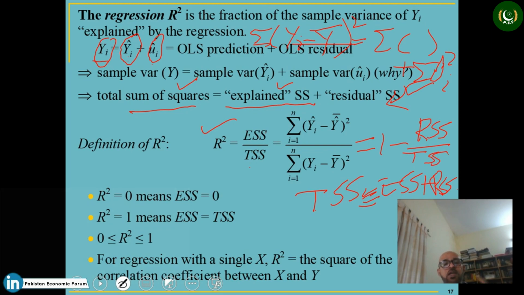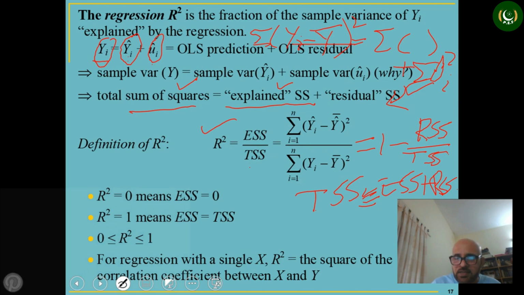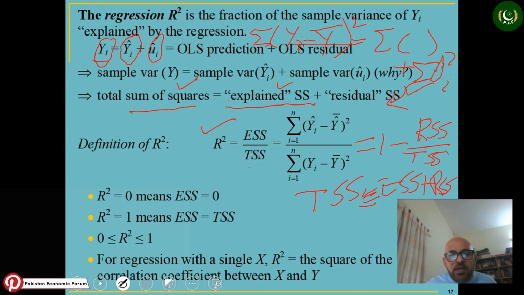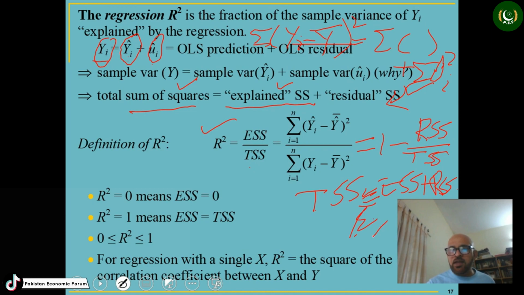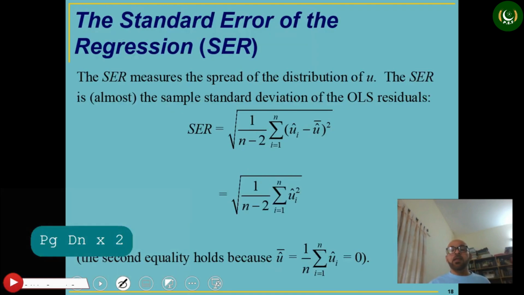R square is 1 if there is complete variation explained in y due to x. Usually R square is between 0 and 1. For regression with a single regressor, R square is the square of the correlation. If you have only two variables, then r of x and y, squared, is the same as R square. But it's not true if you have more than two variables.